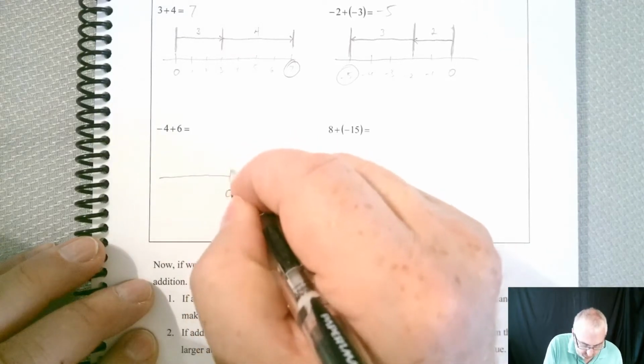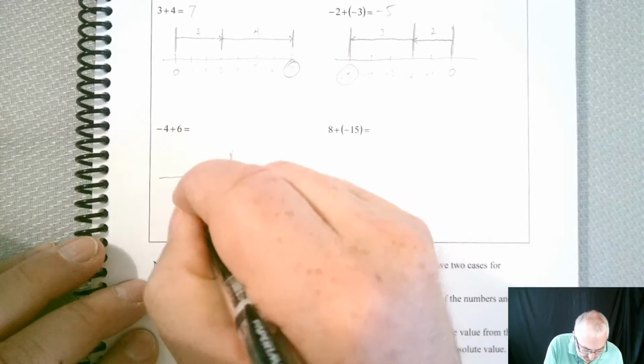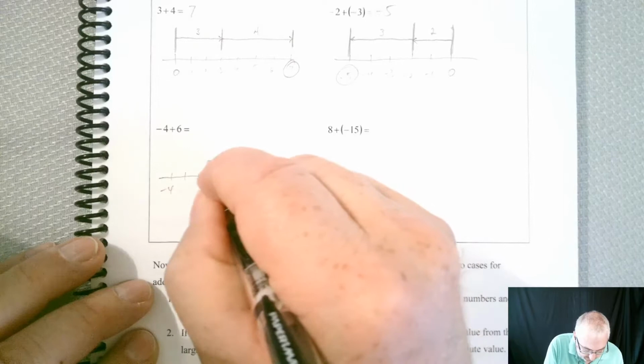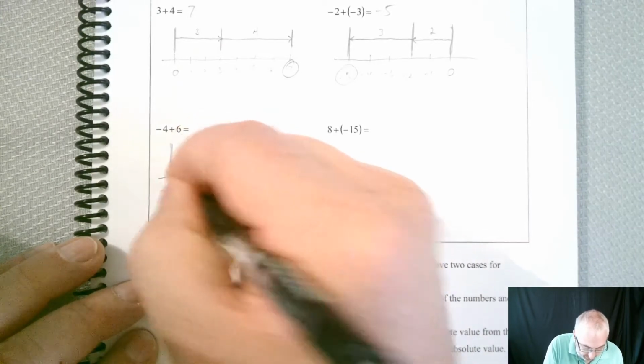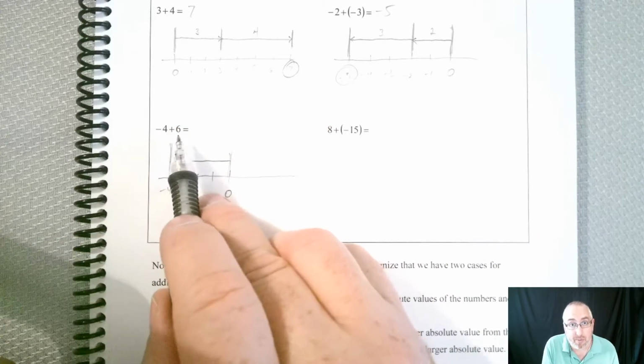So I'll start at 0, and I'm going to go to the left 4 units. That takes me all the way to negative 4. But then I want you to go an additional 6 units back to the right.